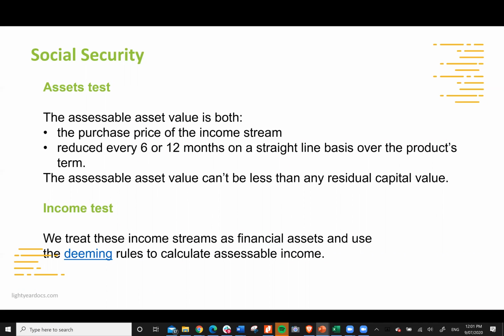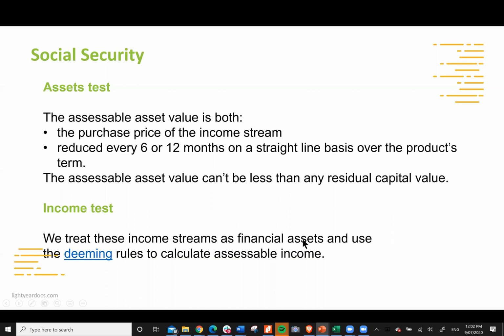But the assessable asset can't be less than the residual capital value. So if I've got, for example, a 100% RCV and I pay 200, then the assessable value for an assets test will always be 200. Now, for the income test, this is important.